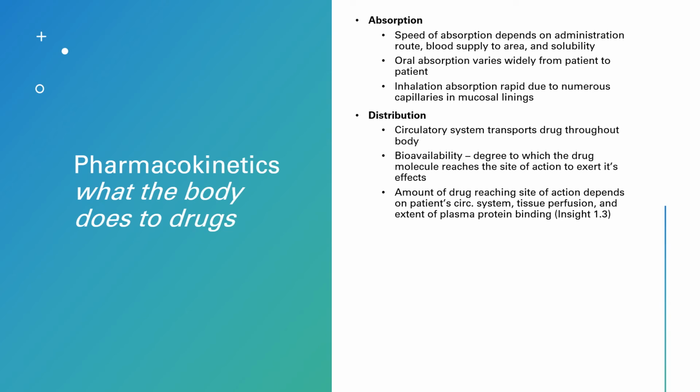It may be affected by a condition of the circulatory system, so tissue perfusion, acid-base balance, and plasma protein binding. These are also things that will affect distribution. And we'll talk just a little bit about them as well, but that Insight 1.3 is a really good explanation.